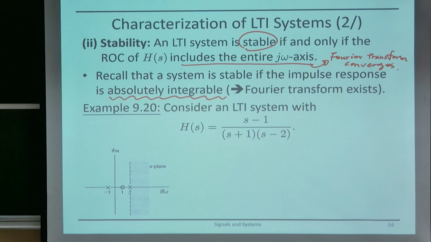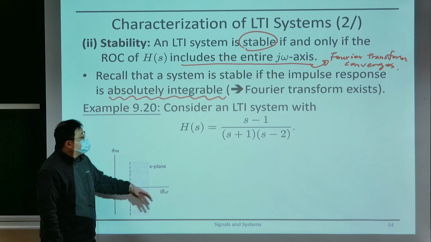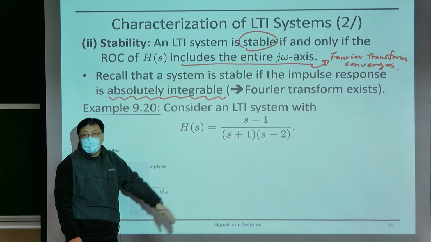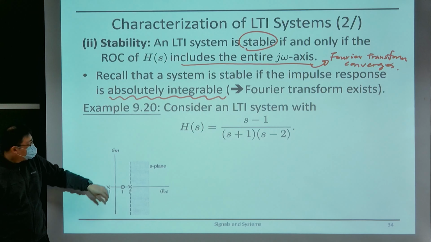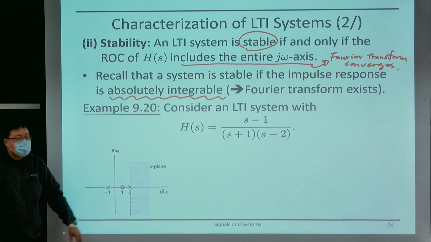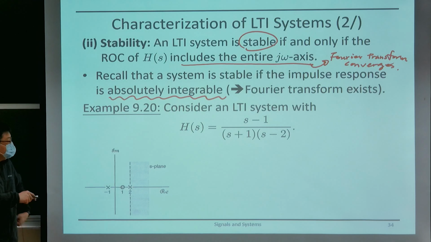And if it's absolutely integrable, its Fourier transform exists. So to check whether or not a linear time invariant system is stable from the Laplace transform, we can simply observe if the region of convergence includes the j omega axis or not.